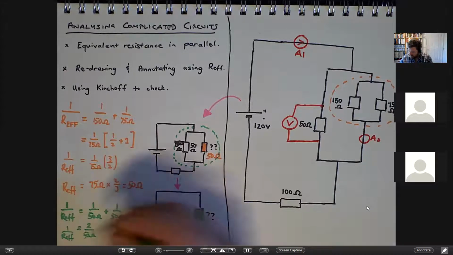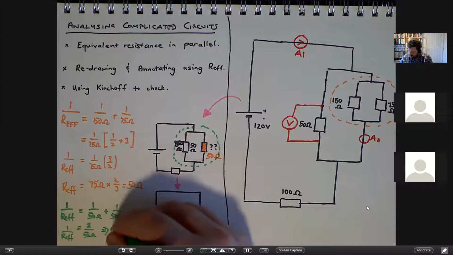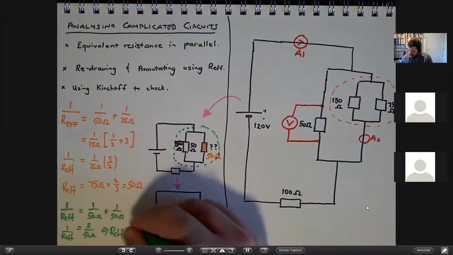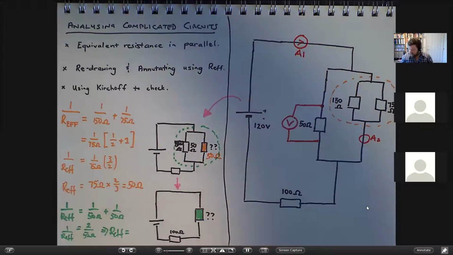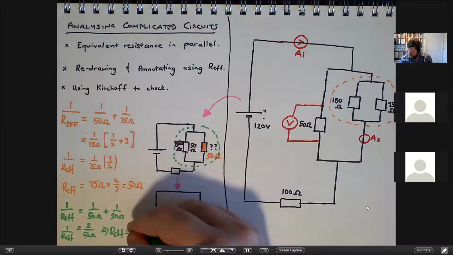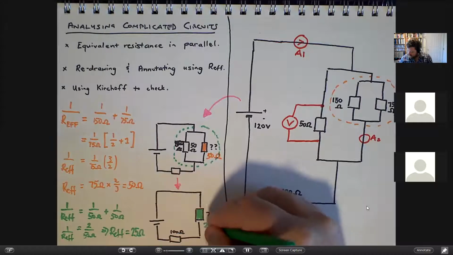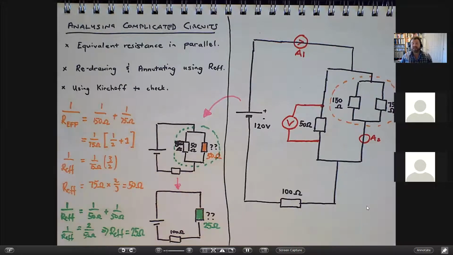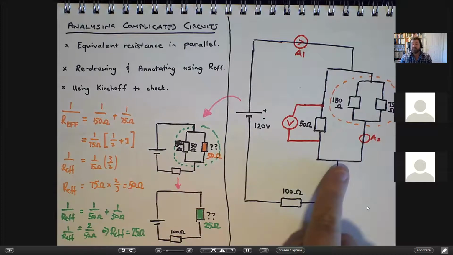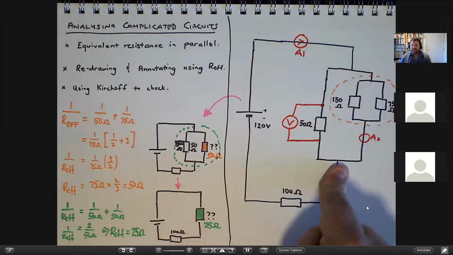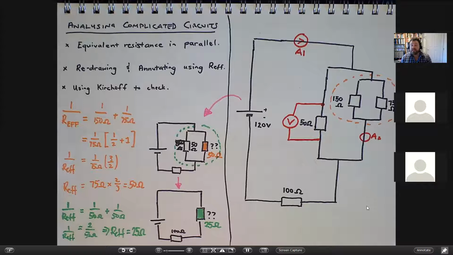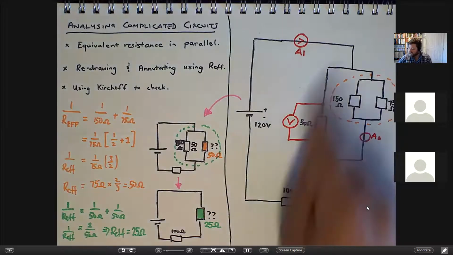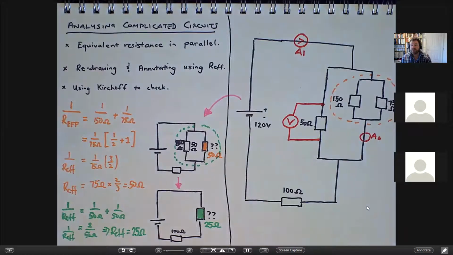Oh, I'm almost out of space, but I'm just going to get there in time. R effective equals 2 over 50 becomes 50 over 2, and so that's going to be 25 ohms there. And so this circuit here, which looks really ugly and complicated, is actually just equivalent to a circuit which is in series with 125 resistance. So 100, and then this whole section here counts as 25.